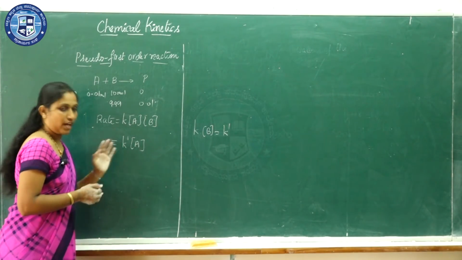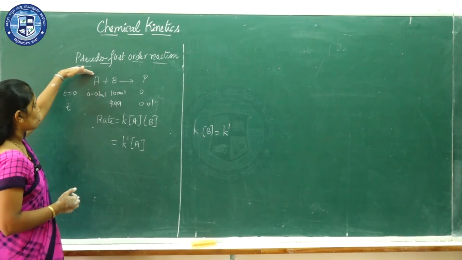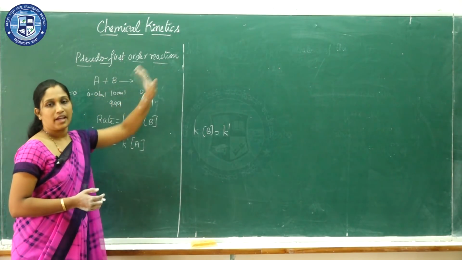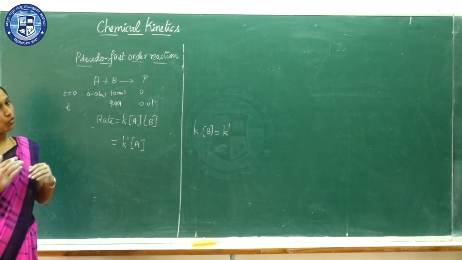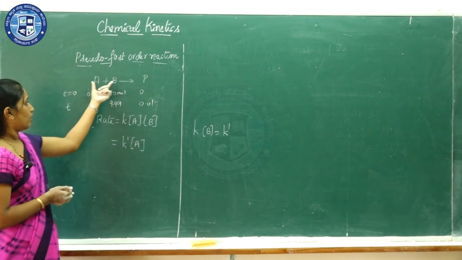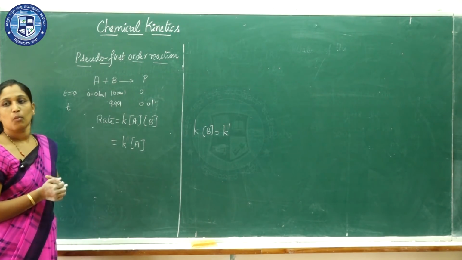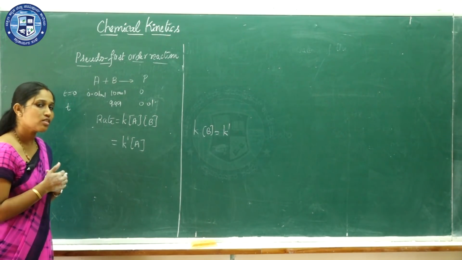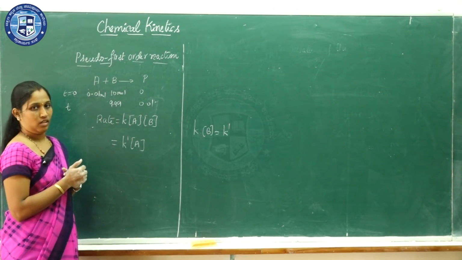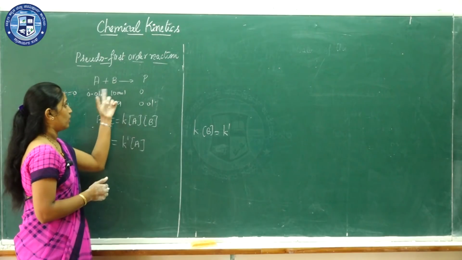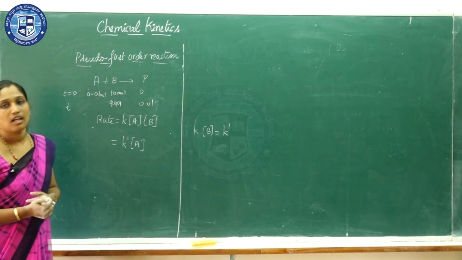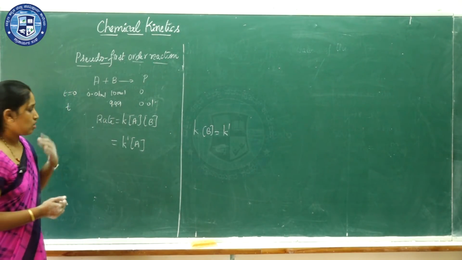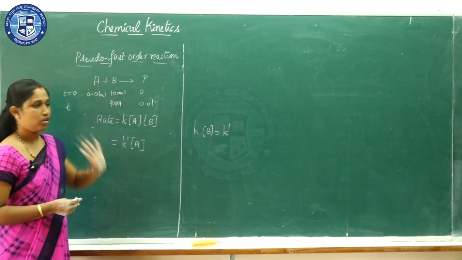Such reactions are called pseudo first order reactions. Note one more thing here: the molecularity is 2, it can also be more than 2, but the order is always 1, when one of the reactants is present in a very large excess. So this is about the pseudo first order reaction.